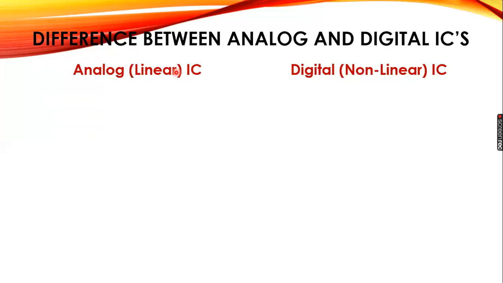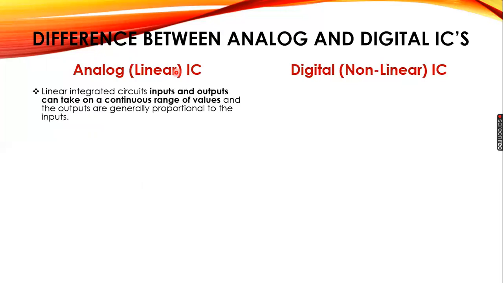So what is meant by linear IC? It consists of inputs and outputs that can take on a continuous range of values, and the outputs are generally proportional to the input signals. It consists of very few transistors when compared to digital ICs.